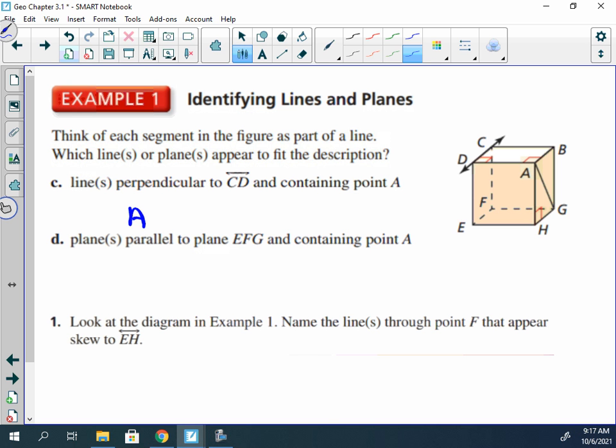So perpendicular means that they intersect at a certain type of angle. Right angle. So it would be AD, because we need a line through A that intersects CD at a right angle. Well, that would be AD. And that's it.